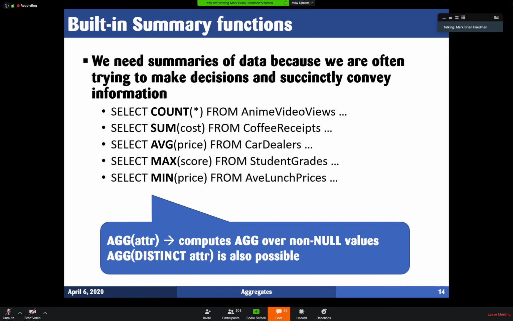So I want the count only for distinct anime video views, to eliminate and not count someone who's watched the same anime over and over again as more than one view. So you can count viewers by using distinct, or you can count the total number of views. What the right answer is depends on what question you're asking. You can ask the question both ways in SQL, so it's flexible.